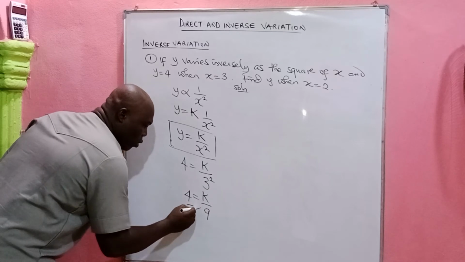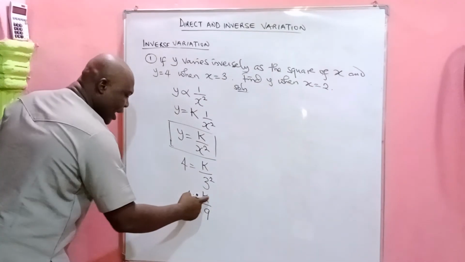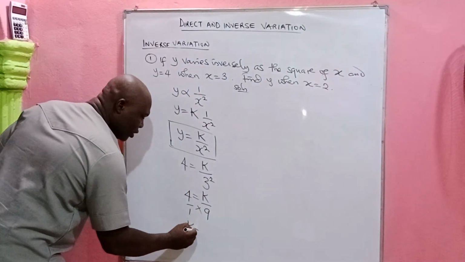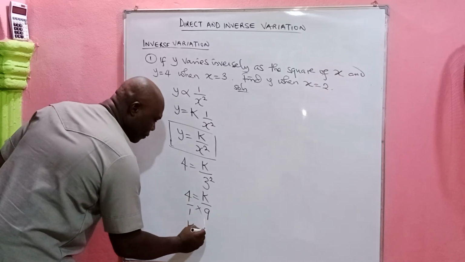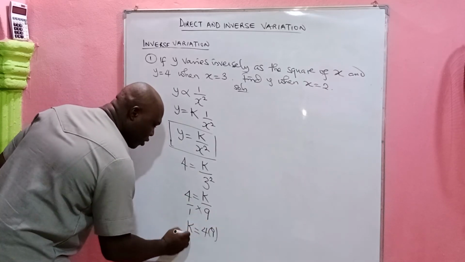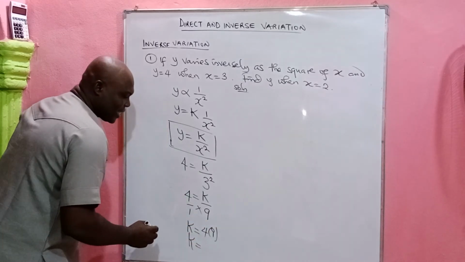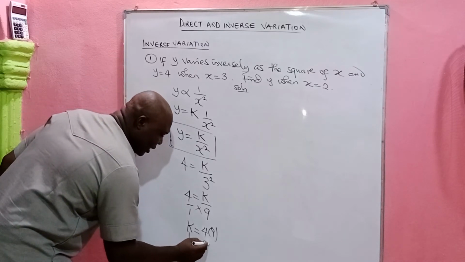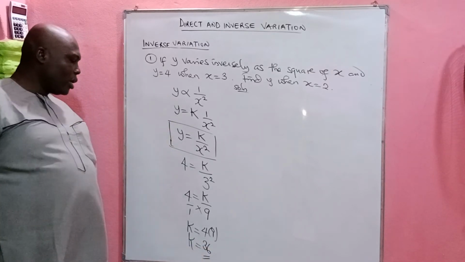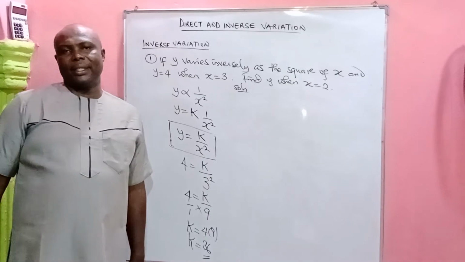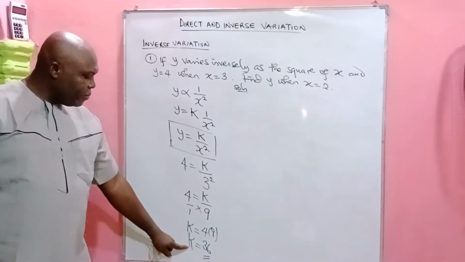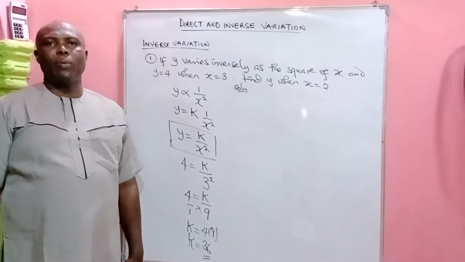We make this over 1 and cross multiply. k times 1 gives us k is equal to 4 times 9, which is 36. Take note of that. So we've been able to get the constant of proportionality.